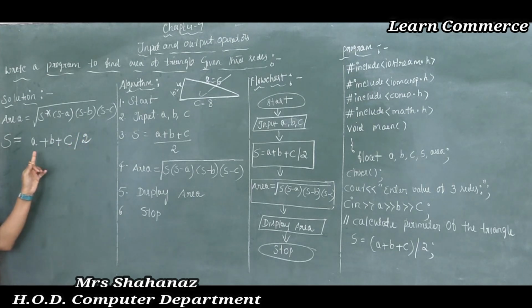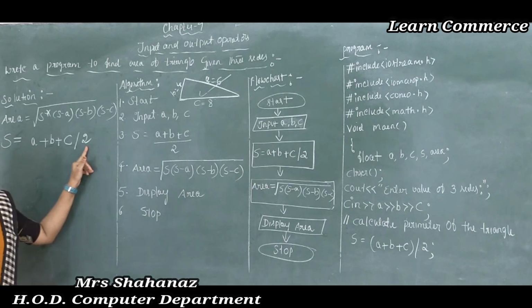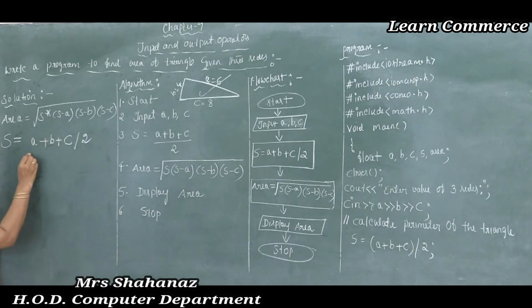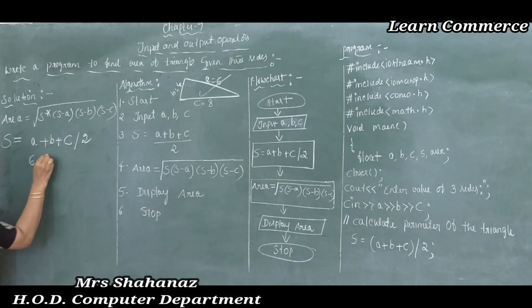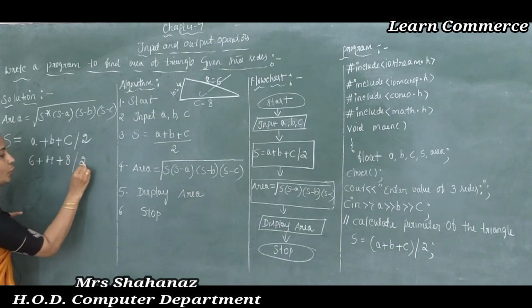We need to give values to the variables a, b and c. The a value is 6, b value is 4, and c value is 8, divided by 2.